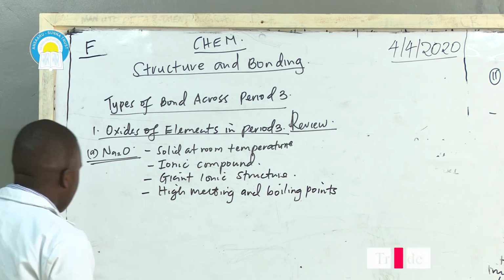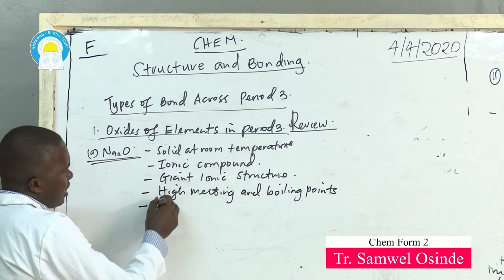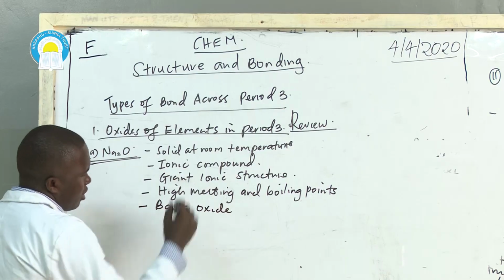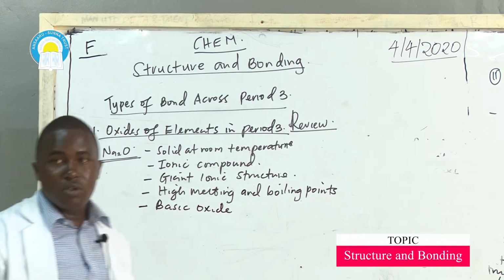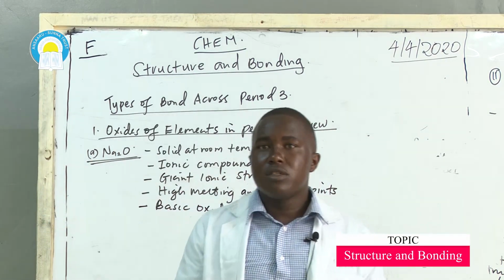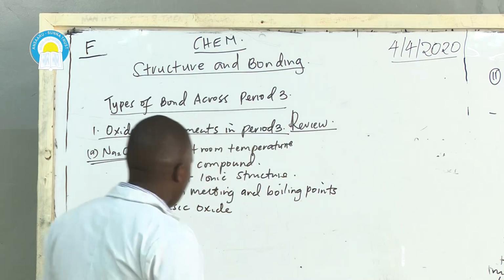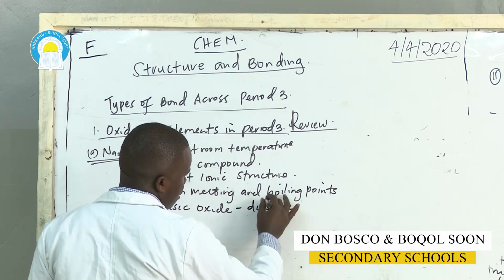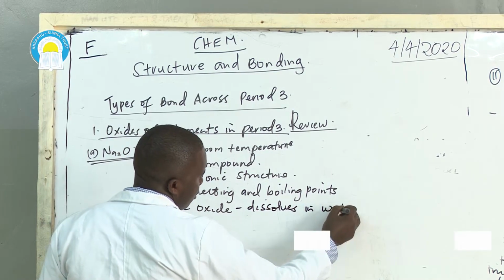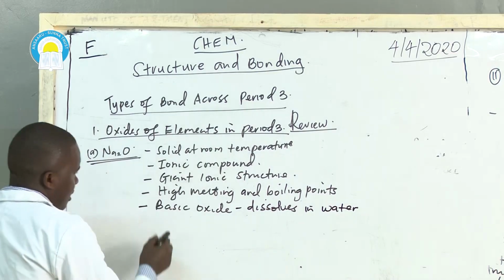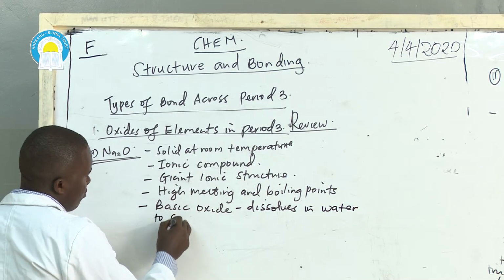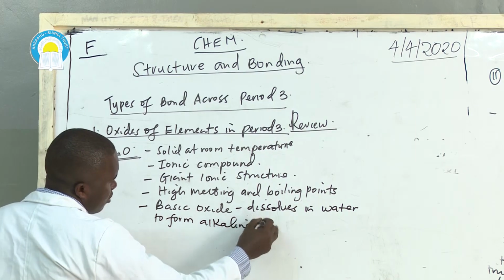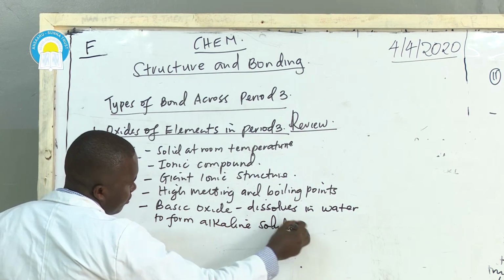We have looked at the nature of the oxide. These are basic oxides. What do you mean by basic oxide? This is an oxide that dissolves in water to form an alkaline solution. So this one dissolves in water to form an alkaline solution.